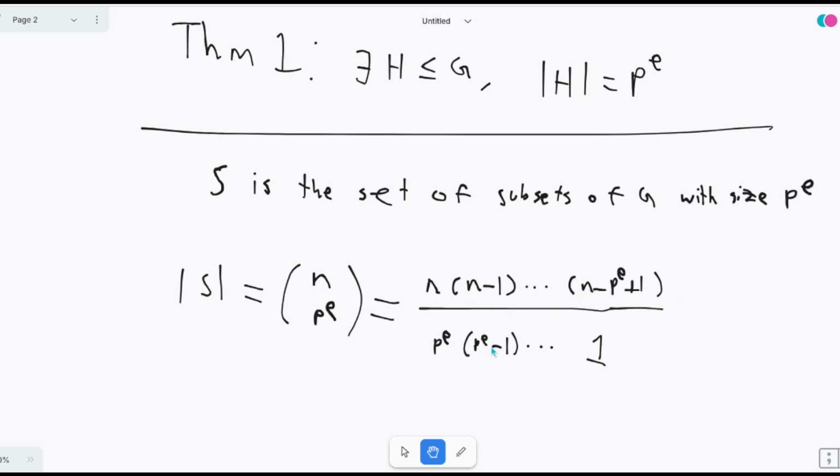There's the same number of multiples of p to the e minus 1, same number of multiples of p to the e minus 2, and so on. And so that means that p does not divide the size of S.